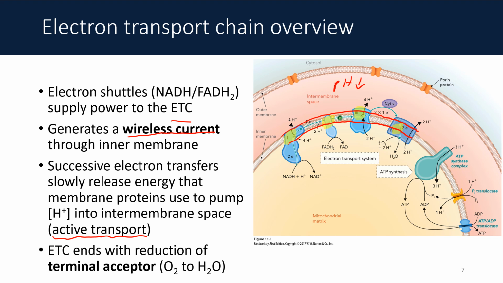In most cases, that molecule is oxygen, which we then reduce into water. Removing the electrons we dump into the electron transport chain with the oxygen that we breathe is crucial because that allows us to keep this cycle going.